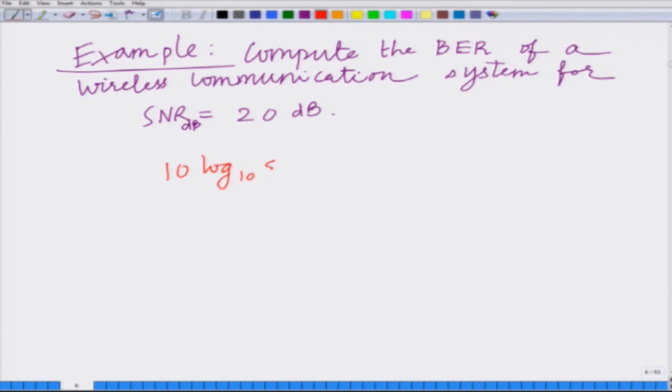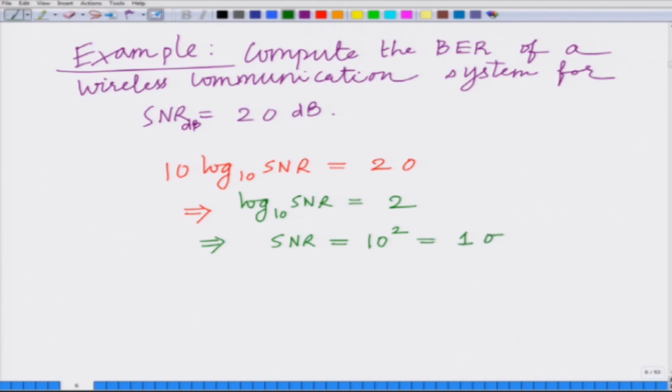10 log 10 of SNR equals 20, which implies that log 10 of SNR equals 2, which implies SNR equals 10 raised to 2, that is 100.